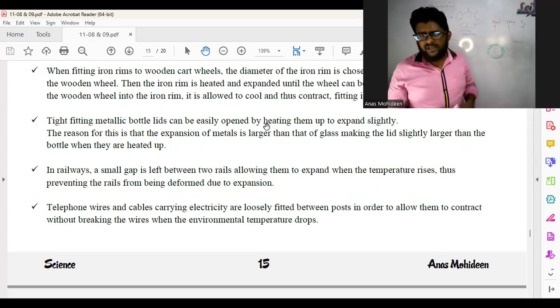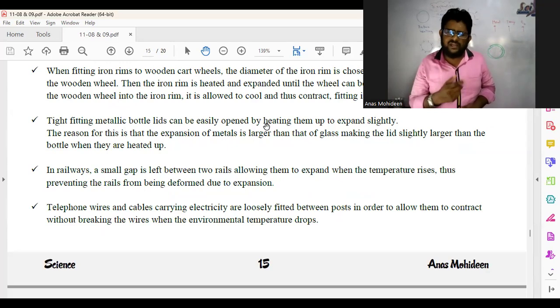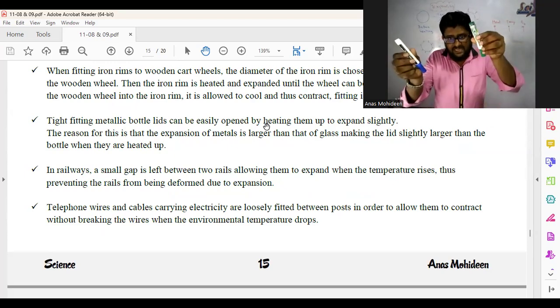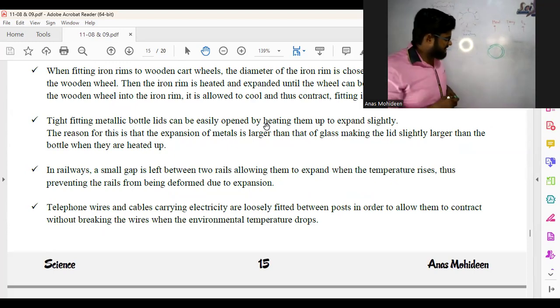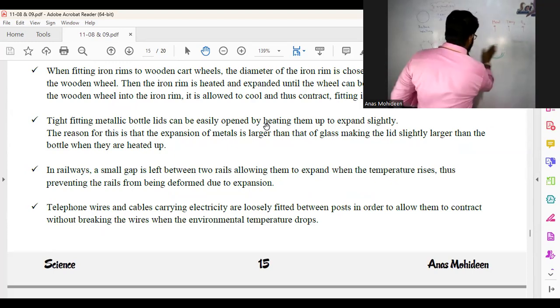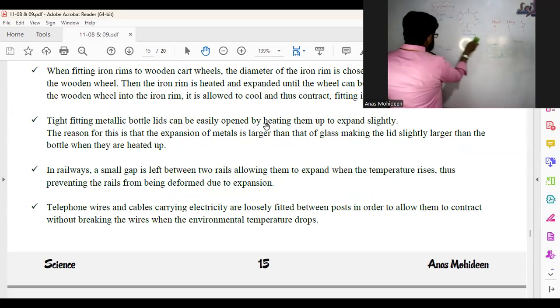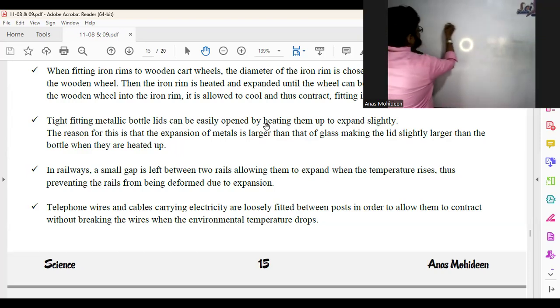In railway tracks, you have seen, right? When you look at railway tracks, there are gaps between the tracks. Imagine now, the gaps are there between the tracks, have you seen?